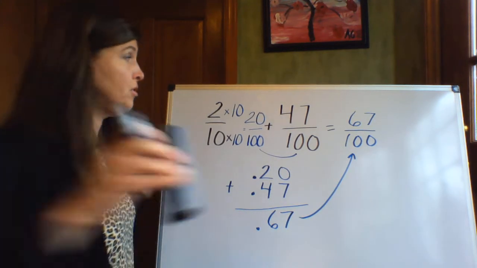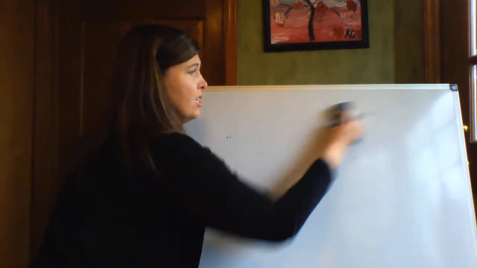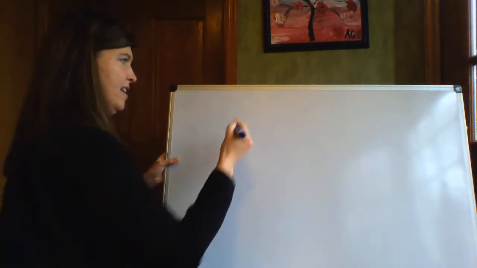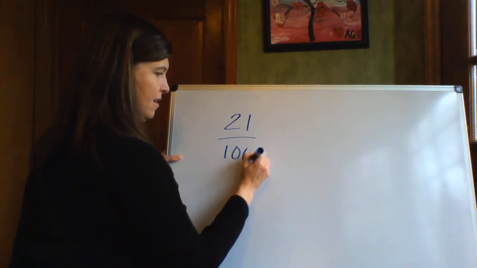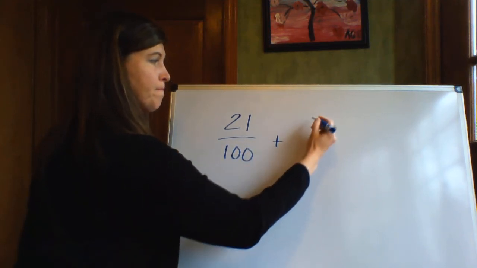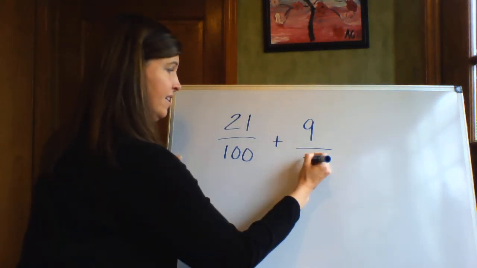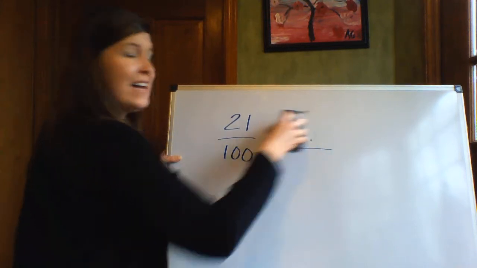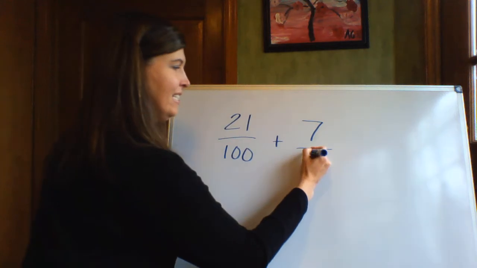Let's do one more together so you can see exactly what it's going to look like on the work that you're doing today. So let me give you another one. What if I had 21 hundredths plus, I'm actually going to do 7 tenths.